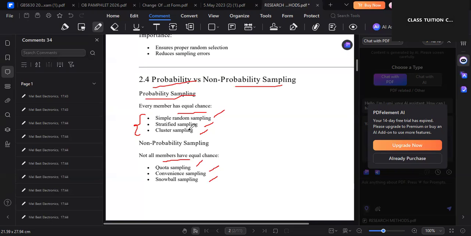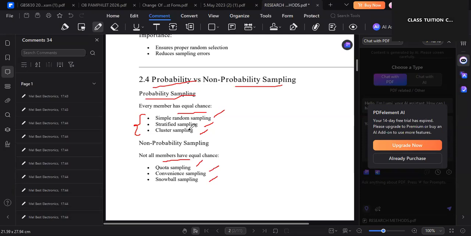How about cluster sampling? Who can explain what is involved in cluster sampling? Cluster sampling is where we divide the entire population into clusters like provinces.